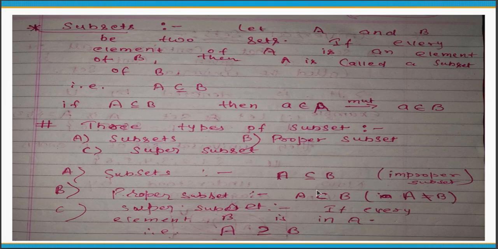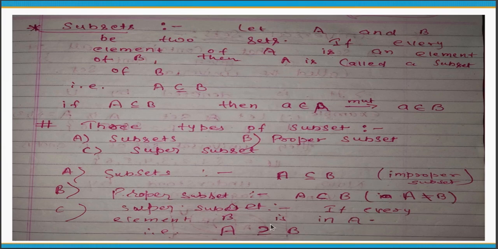Now proper subset: A is a proper subset of B. This is the proper subset symbol, and this is the subset symbol. It means A is not equal to B. In a proper subset, it is never possible that both sets are equal, whereas in a subset it may be possible that both sets are equal.